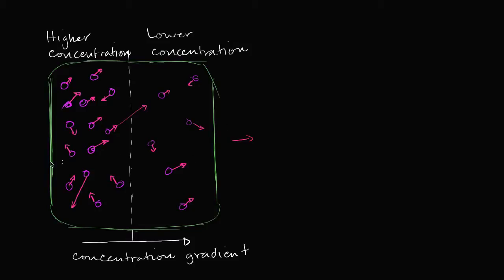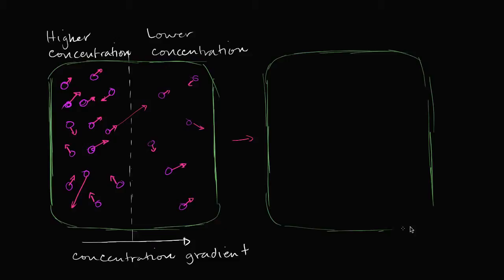And so as time goes on, it's going to look something like this. If we let this system stabilize for a while, it should look like this. And let me see if I can do a good job drawing it. I'll just draw the molecules. I won't draw their actual velocity vectors.